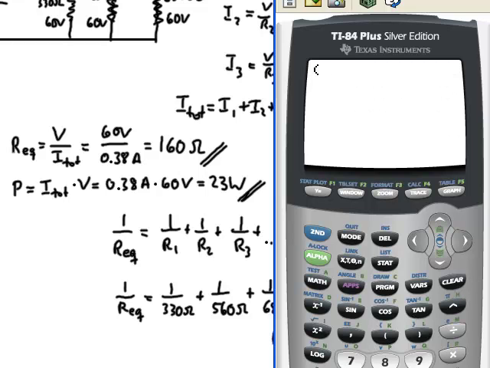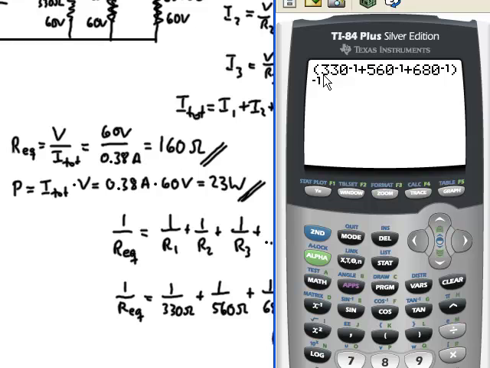I open the parentheses, I type in my first resistance, and I know where the button is for the to the -1, which is invert my number. Plus 560 plus 680, and then I close the parentheses, and now if I do that, I come up with that really small number, the 0.0063, but I know I need to invert it, so after I close the parentheses, I do the to the -1 again, which inverts it again, and that's why I put parentheses around this right away.